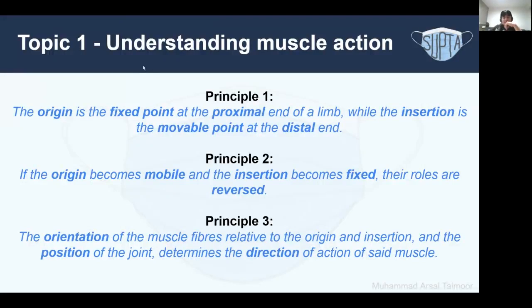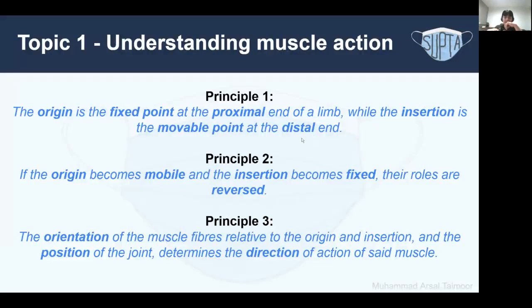Now, muscle action. Before we go on to muscles, I want to go through these three principles that I learned in med school. If you understand this, you understand, generally speaking, how muscles act. So principle one, the origin is the fixed point at the proximal end of the limb, while the insertion is the movable point at the distal end.